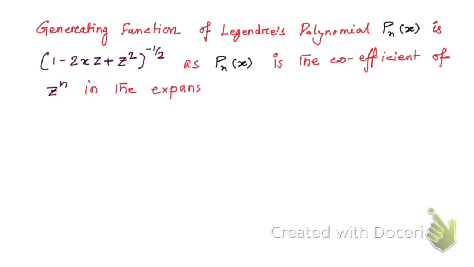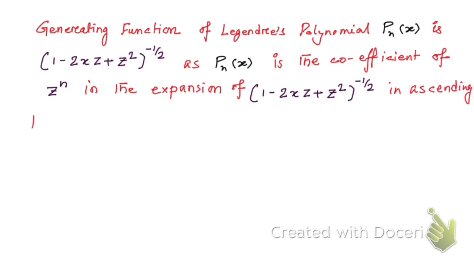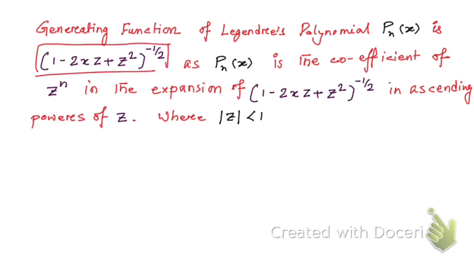If you expand this expression in ascending powers of z, where mod of z is less than 1, then you will see that this Pn of x is the coefficient of this term, z to the power n.